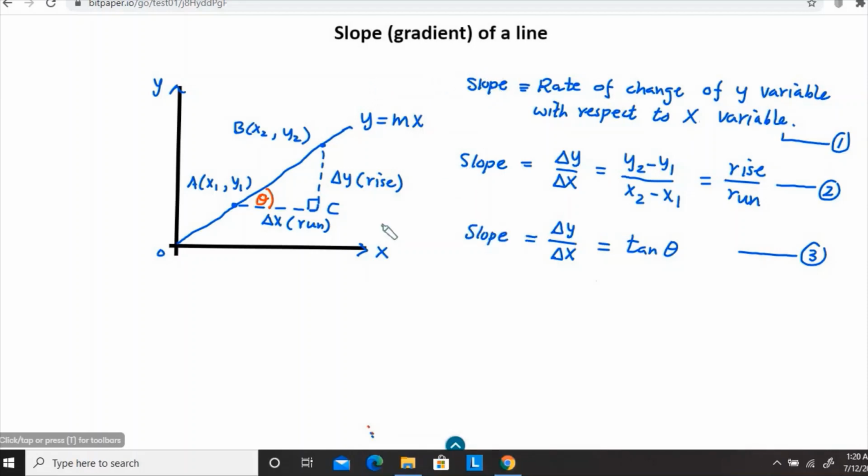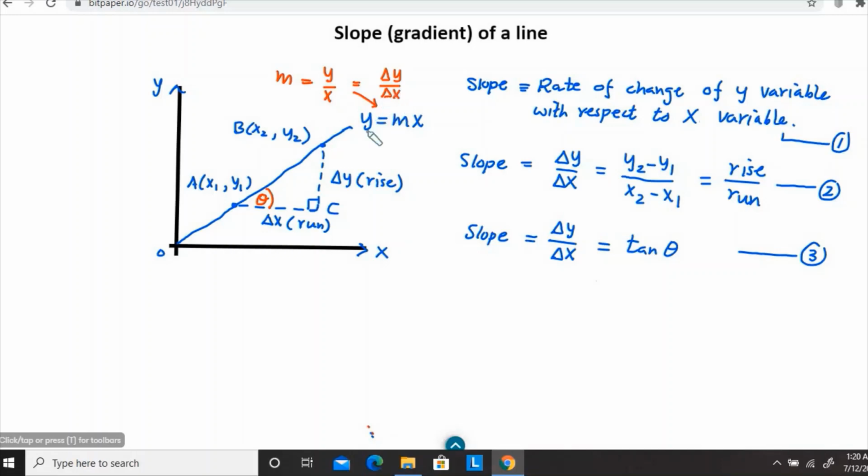If you look at this equation y equals mx, you can notice that if we solve for m, we get m equals y over x. Or if we look for a change in the variables, then we can write it as delta y over delta x.